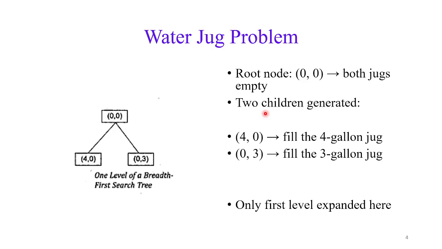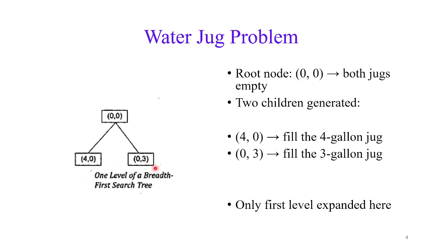Now, we will look at the first level, how the children are generated. Starting from the root node 0, 0, we initialize that both jugs are empty. How many children can be generated? 2 children can be generated. The first child is 4, 0, that is filling the 4-gallon jug, and the 3-gallon jug is empty.